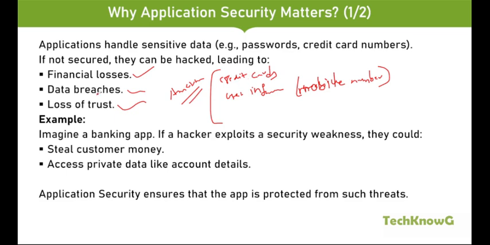So what happens? If an attacker hacks this kind of sensitive data, there will be financial losses, for the user as well as the company. They might also face legal action. Then data breaches: whatever user data there is could be breached, and the hacker could use it somewhere else.